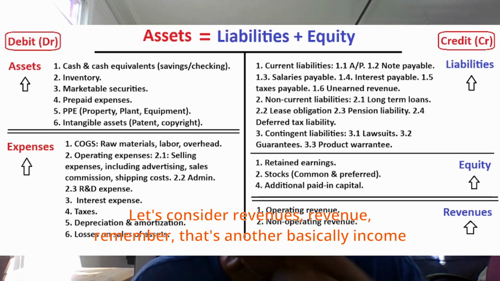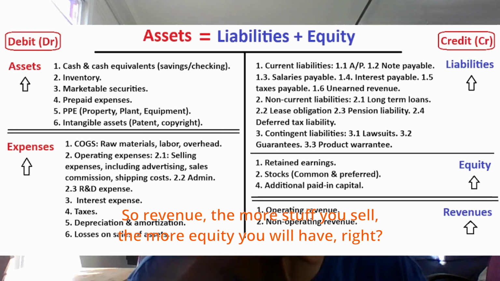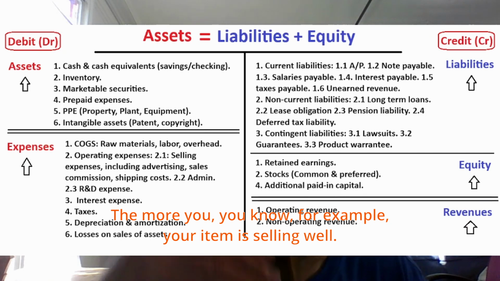Now the same logic here. Let's consider revenue. Remember, the income statement is just two things: one is revenue, another is expenses. For revenue, the more stuff you sell, the more equity you will have, right?